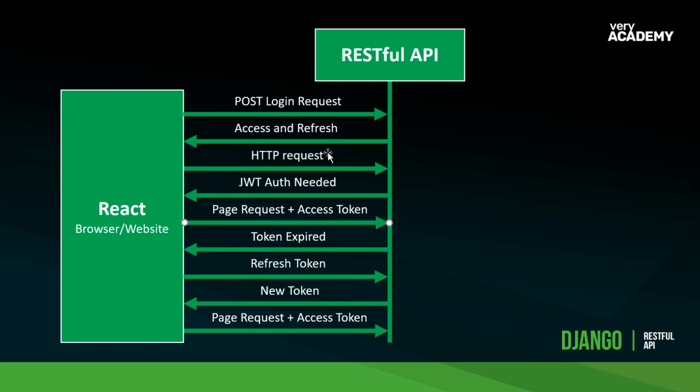So a refresh token has a longer expiry time, maybe 5-10 days, for example. And that's like, if you're familiar with sessions, we have a way of getting another access token for that period. So for those 10 days, or 5 days, or however long your refresh token is set for, we don't need to log in again.